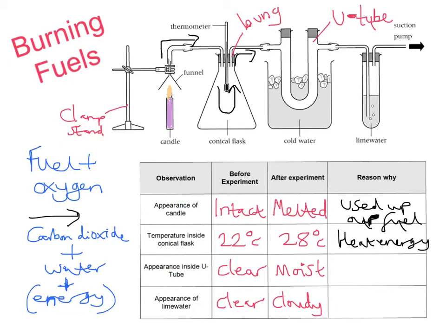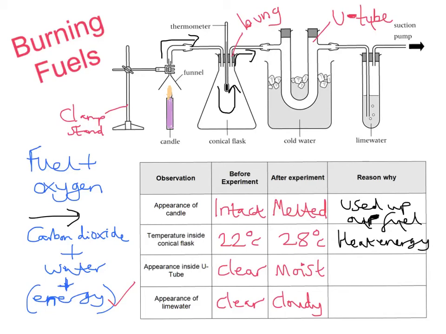So if we just go back to our original equation, fuel and oxygen give CO2, carbon dioxide, water and energy. We've explained the energy component because that energy has been used to heat the air in the conical flask. Let's think about the appearance inside the U-tube. It was clear, but because that U-tube is in cold water, the whole of that U-tube, the outside, is very cold.